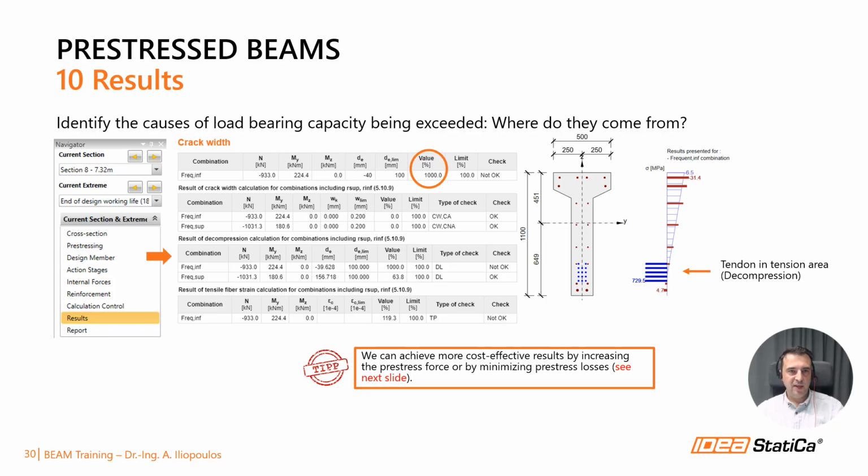But what remains is the problem with the compression. Here you can see the crack width check for section 8 near the middle of the span at the end of the design working life. And in the picture, you can see that the tendons are in the tension area, and that's where the problem is.